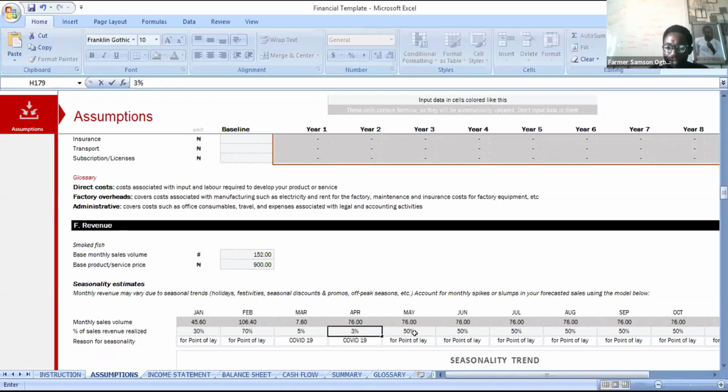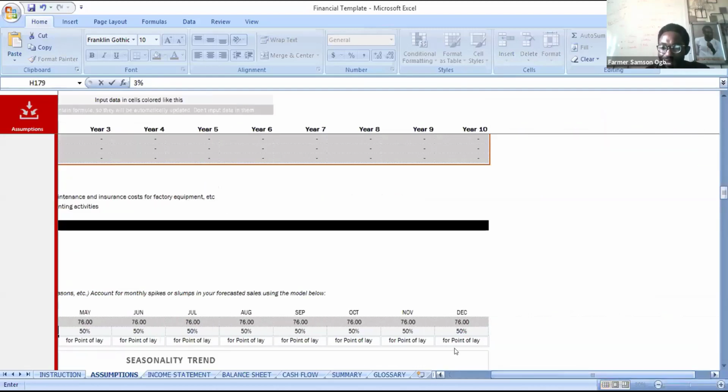It was now worse. However, I am projecting that in December, I am going to have a 100% increase. Why? Because of Christmas.